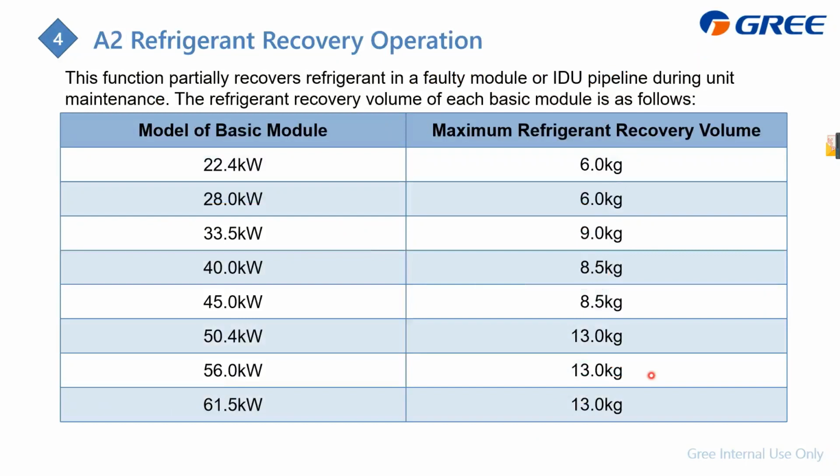A2 is refrigerant recovery operation, and it means when you do the troubleshooting and you want to recover the refrigerant, our GMV can do this operation automatically. For example, if one indoor unit is malfunctioning, and we should do the troubleshooting for this indoor unit, before the troubleshooting we should recover the refrigerant in the indoor side to the outdoor side.